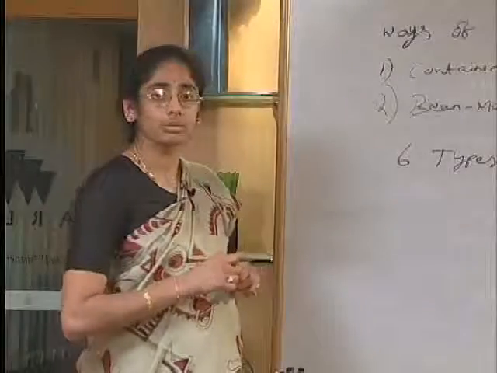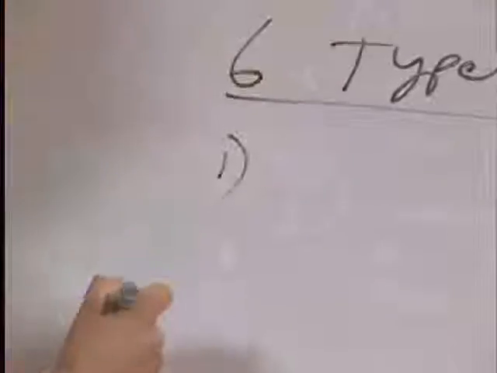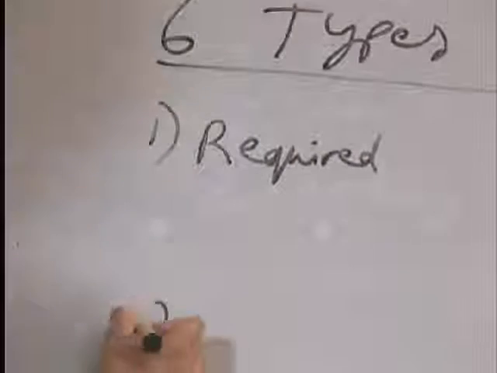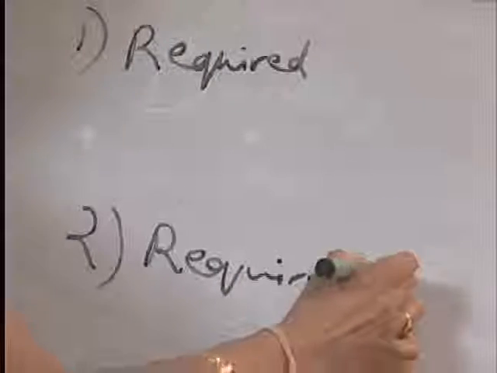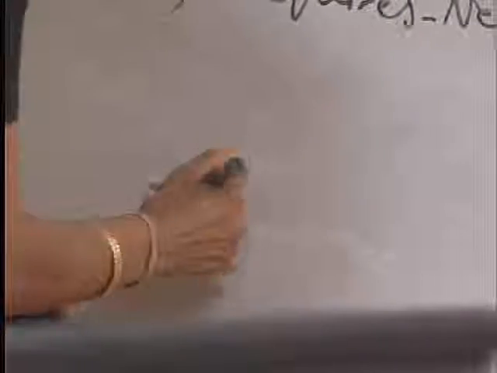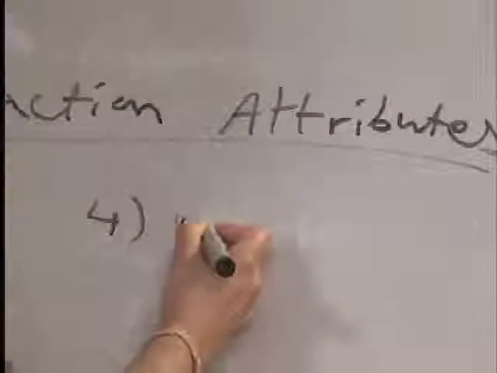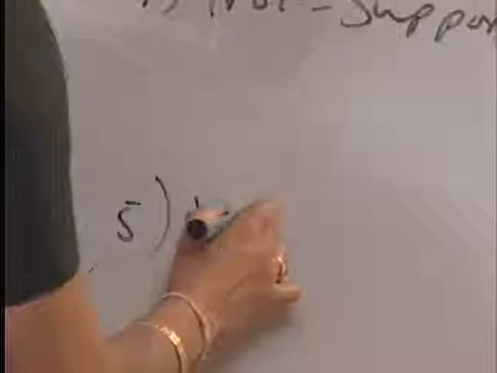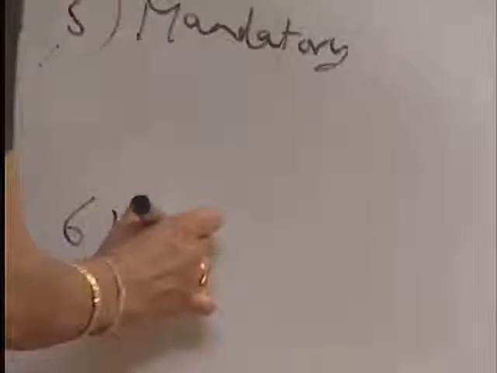For a CMT, they are 1, required, 2, requires new, 3, supports, 4, not supported, 5, mandatory, and 6, never.